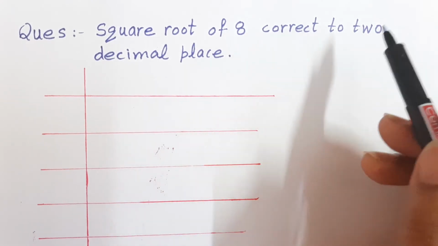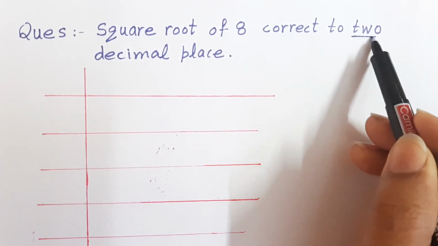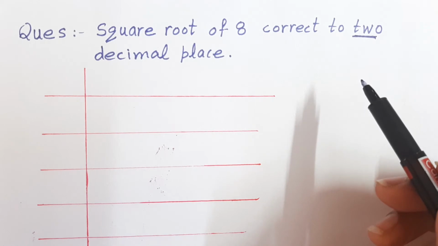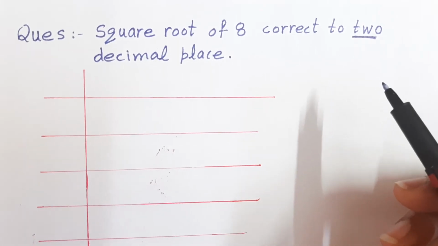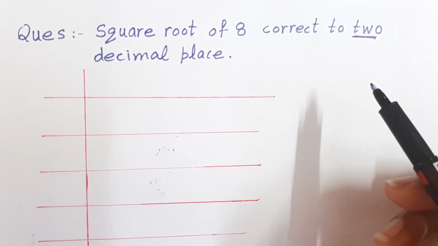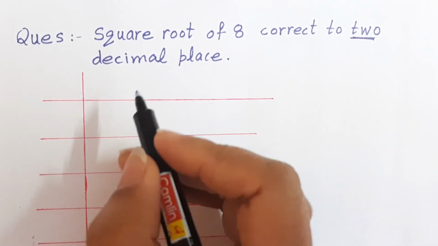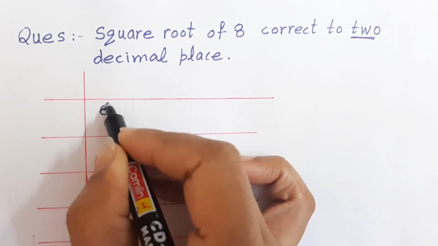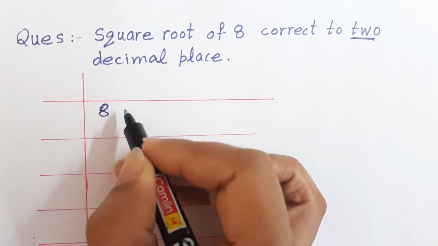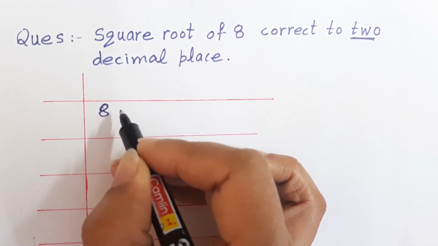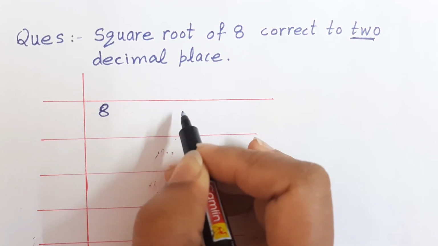So, it is asked 2 places. We are going to find till 3 places. I hope you have understood this. Now, let us start with the question. So, now students, you must be knowing that 8 is a single digit here. So, after 8, we can put any number of zeros.